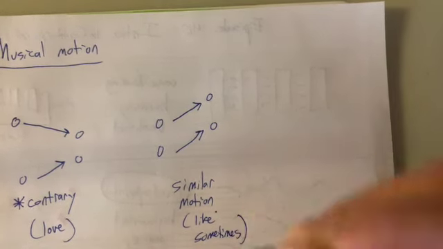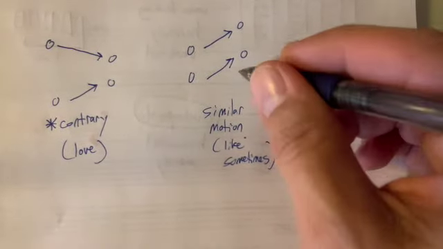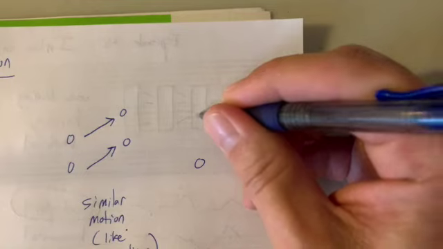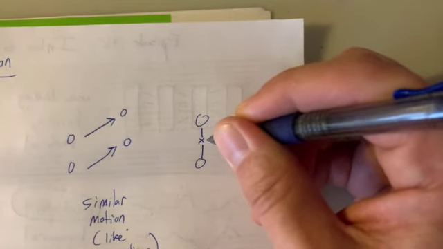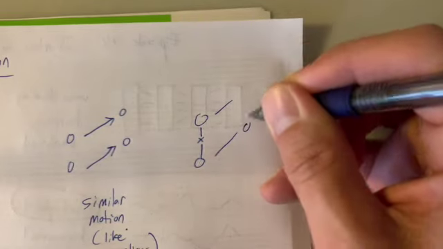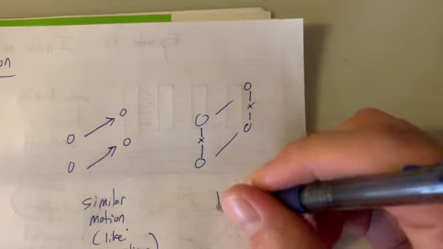Sometimes we don't like it. There's 2 other kinds of motion. There's a subset of similar motion where if you move by the exact same distance, like let's say this interval x, and then they both move and they're still that same interval apart. That's parallel motion.